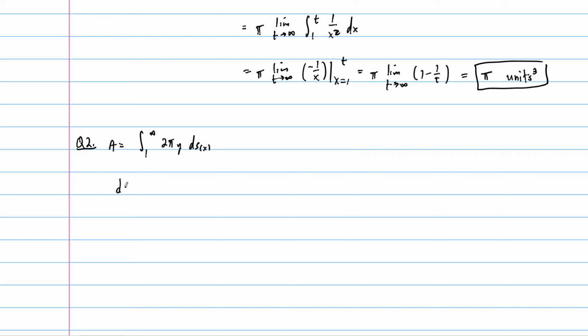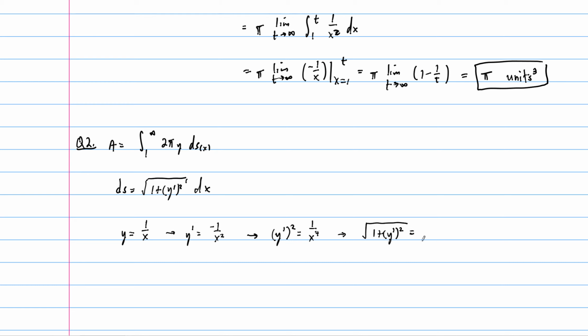So our ds is, again, square root of 1 plus y prime squared times dx. Y prime, so y is 1 over x. This means y prime is negative 1 over x squared, which means that y prime squared is 1 over x to the 4th. Okay? And then when we add this all up, the square root of 1 plus y prime squared, what are we going to get?